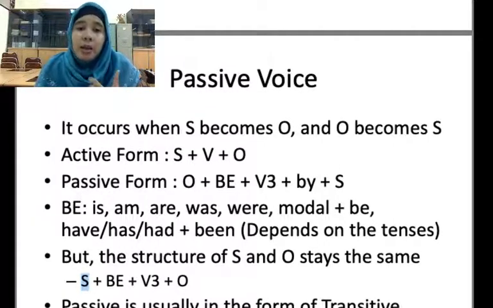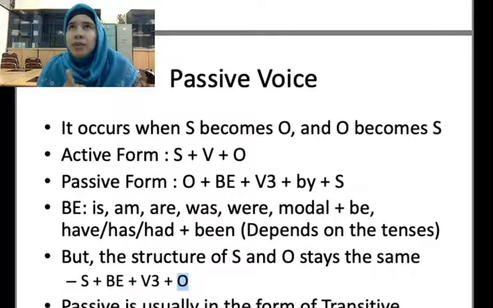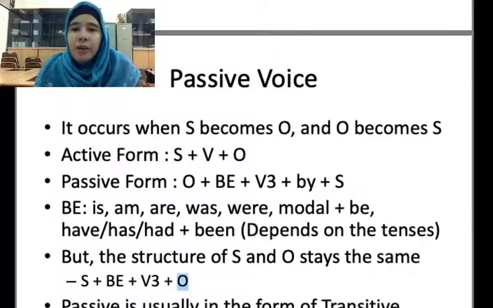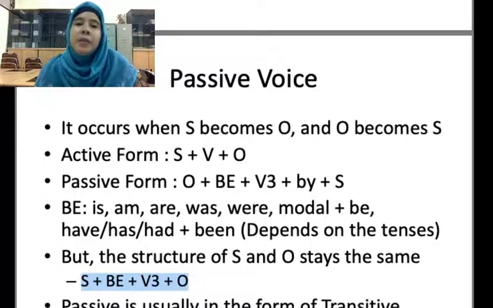Objek ini adalah sebuah subjek, and the object which is put at the back should be called as the object. Okay, hanya secara kategori aja dipindah, but the positions of them in the formula should be the same. So the formula should be like this: subject plus be plus verb 3 plus object.